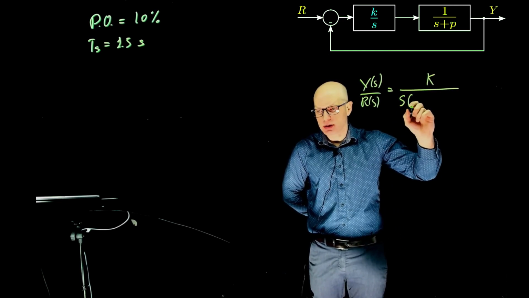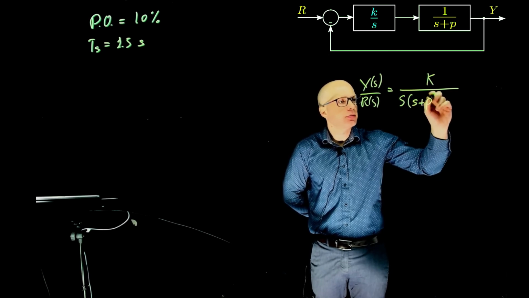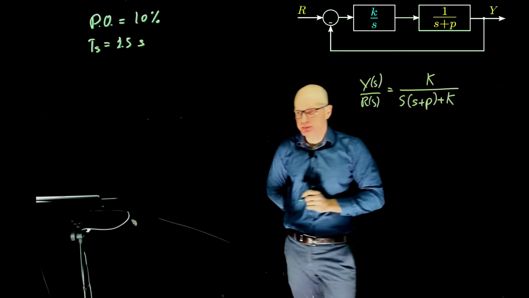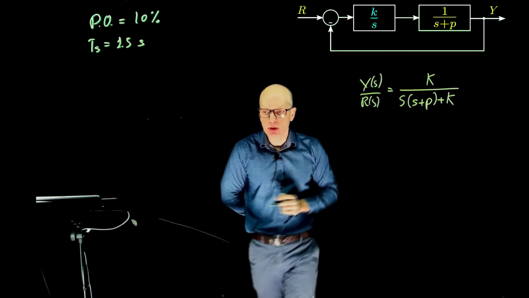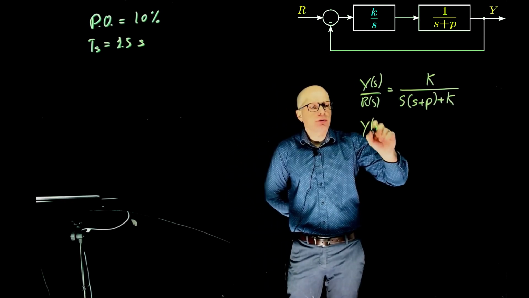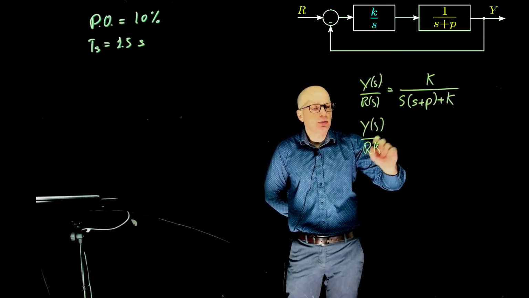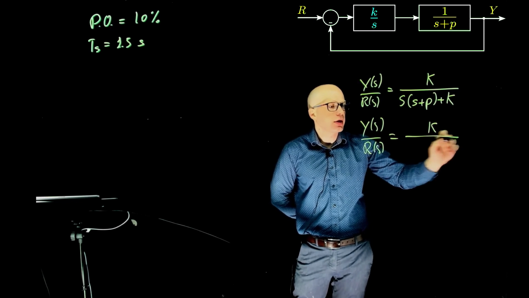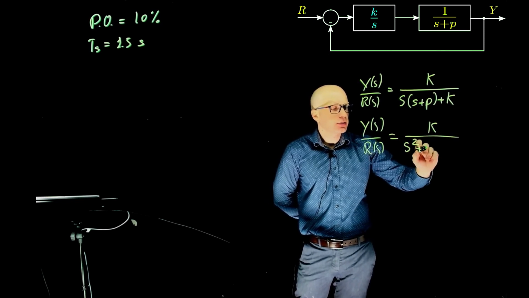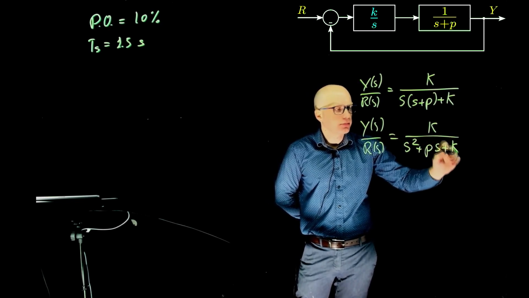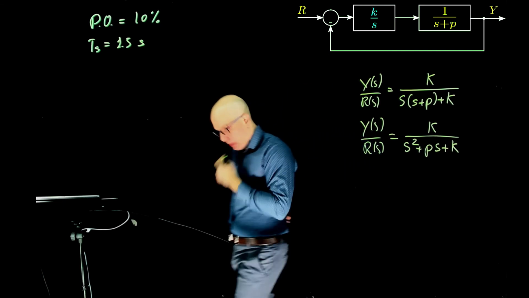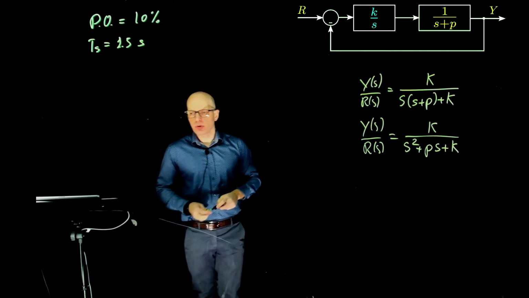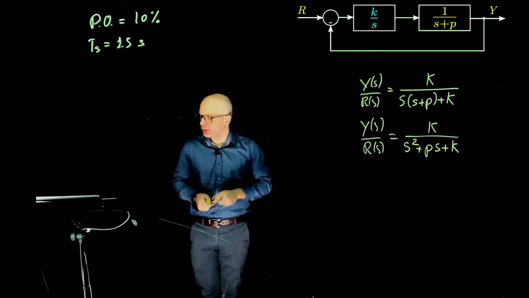K over S times S plus P plus K. I'll do the full solution later, but this is equivalent to K over S squared plus PS plus K. Okay, so that's step one.